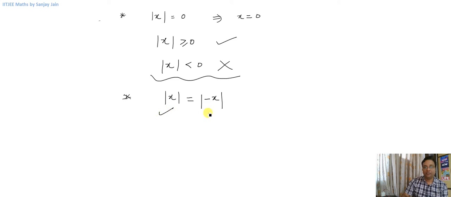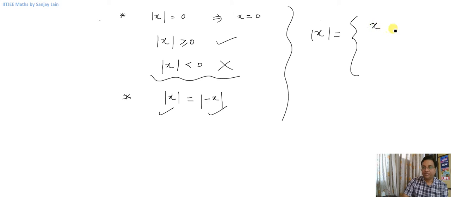These two are one and the same thing, because what we have learned as a definition of mod is that mod of x is equal to x if x is greater than 0, 0 if x is equal to 0, negative x if x is less than 0. Now when I say negative x, what kind of number is this?